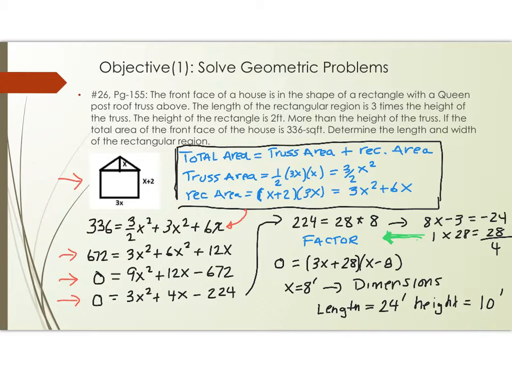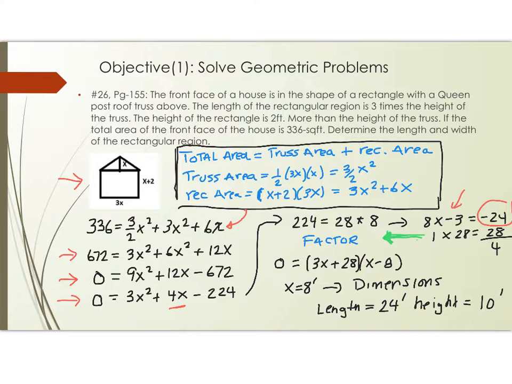I see that 224 is factorable. One of the factors is 28 times 8, and I notice that 8 times a negative 3 is a negative 24, and 1 times 28 is 28. If I add those together, I get 4, which is the middle term of my equation.